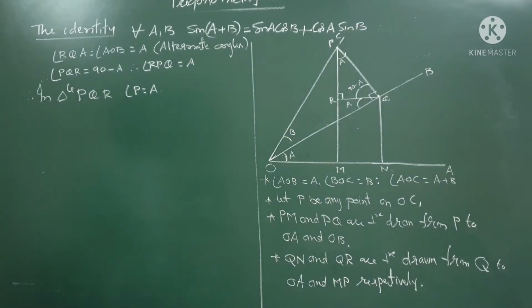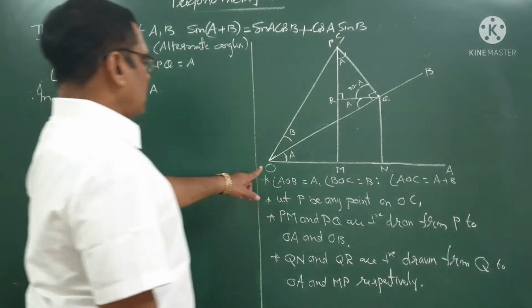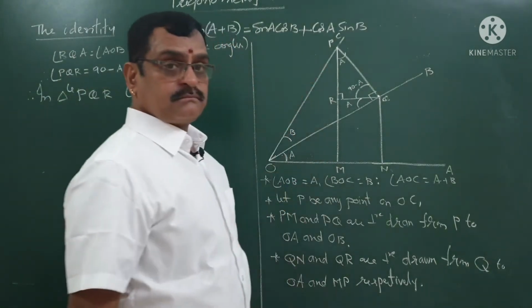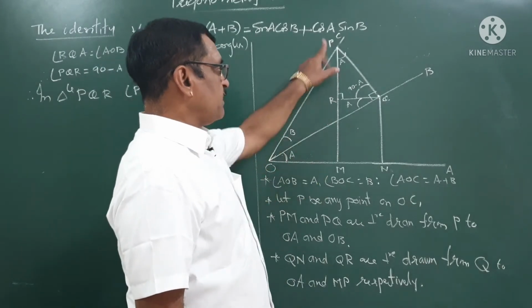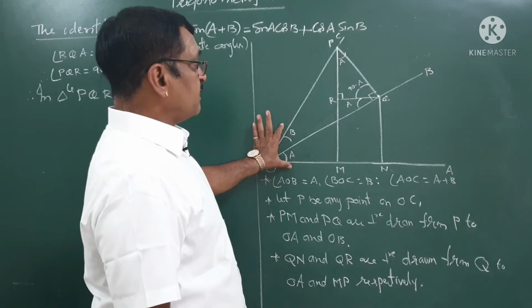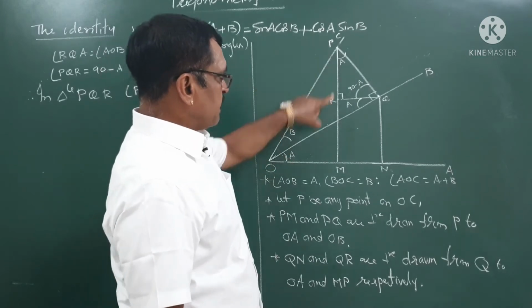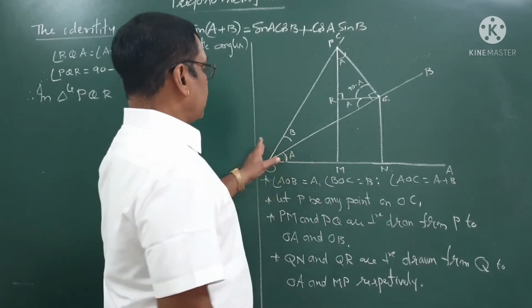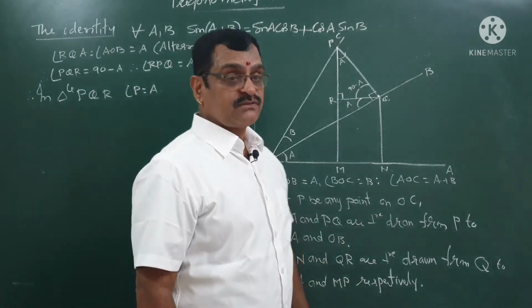Now, first of all, I consider the triangle OMP, and I take this angle A plus B. For this A plus B, PM is the opposite side and OP is the hypotenuse.